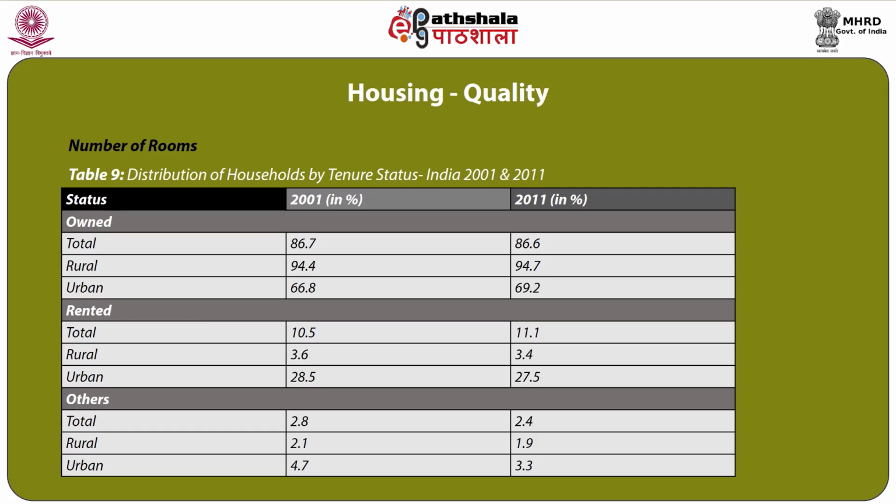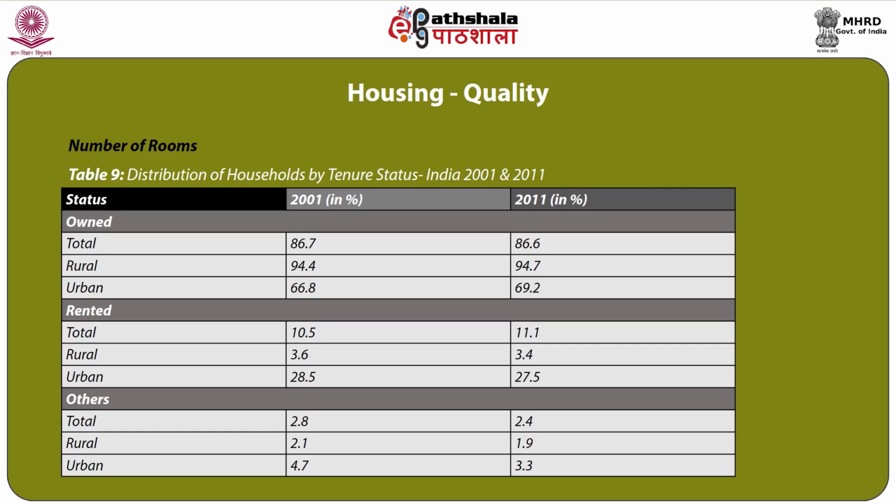Much of the owned households are in rural areas as compared to urban areas, where the rented households are more, like 28.5% in 2001 to 27.5% in 2011.